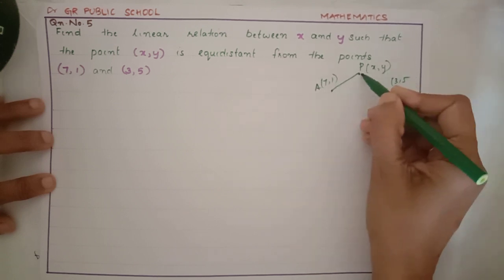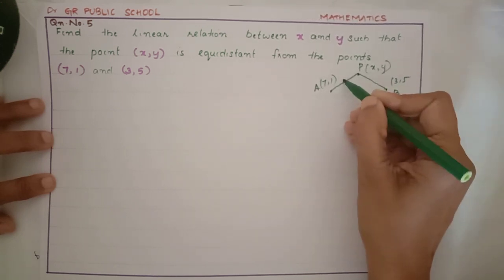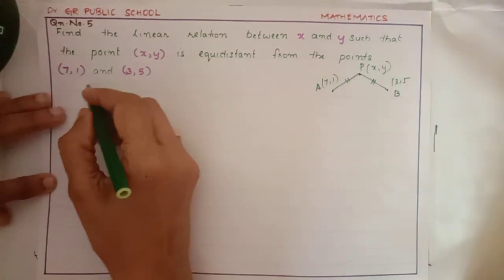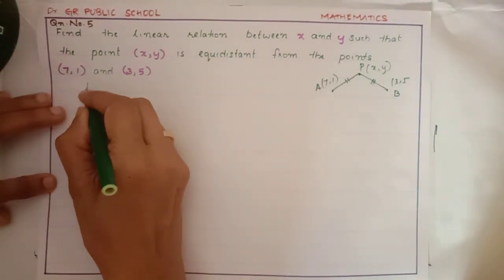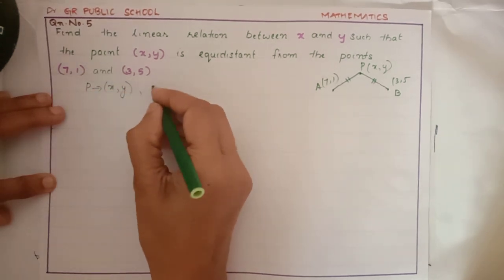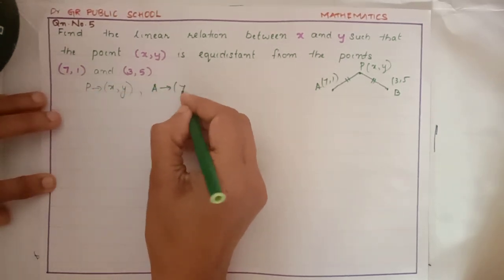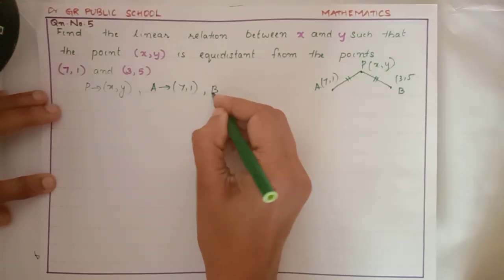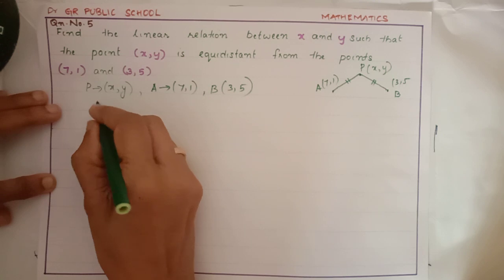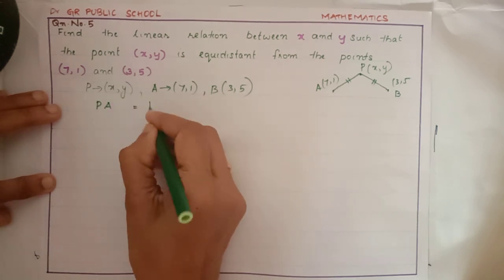So we can say PA equal to PB, taking P as (x, y), A as (7, 1), and B as (3, 5). Okay children, now we got PA equal to PB.